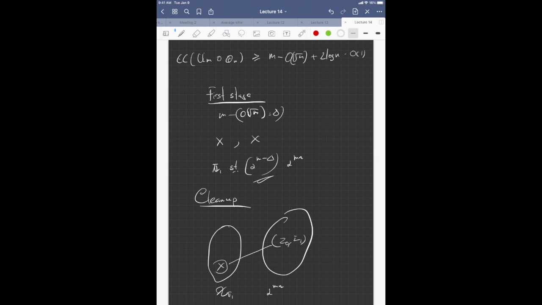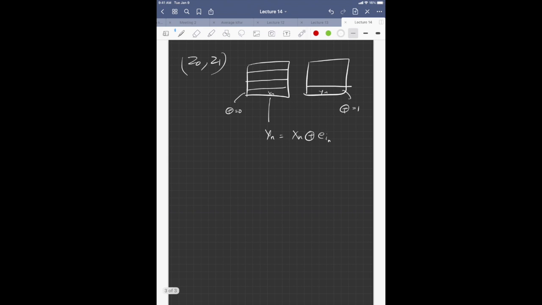So once a matrix survives this pruning, it has all the possible neighbors on its right hand side. The neighborhood relation was the following: x is adjacent to z0, z1 if x can be constructed from z0, z1 by choosing the appropriate row. So what does that mean?